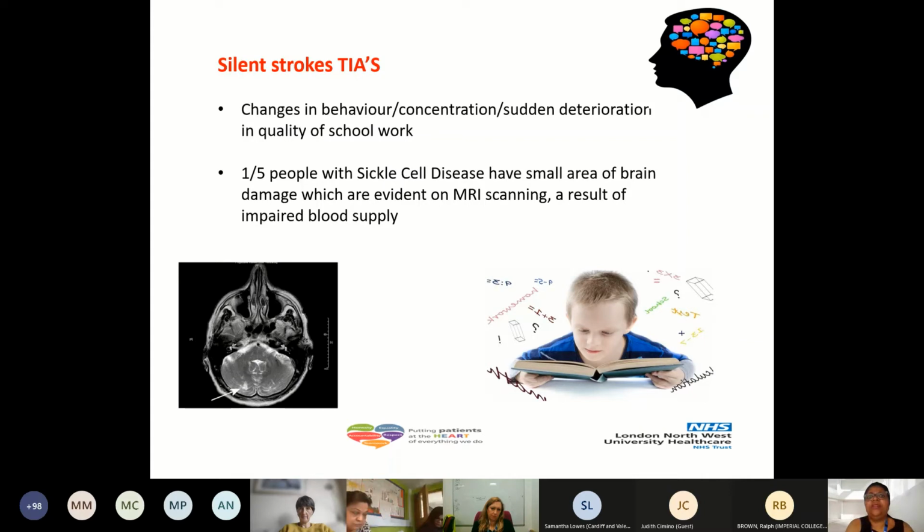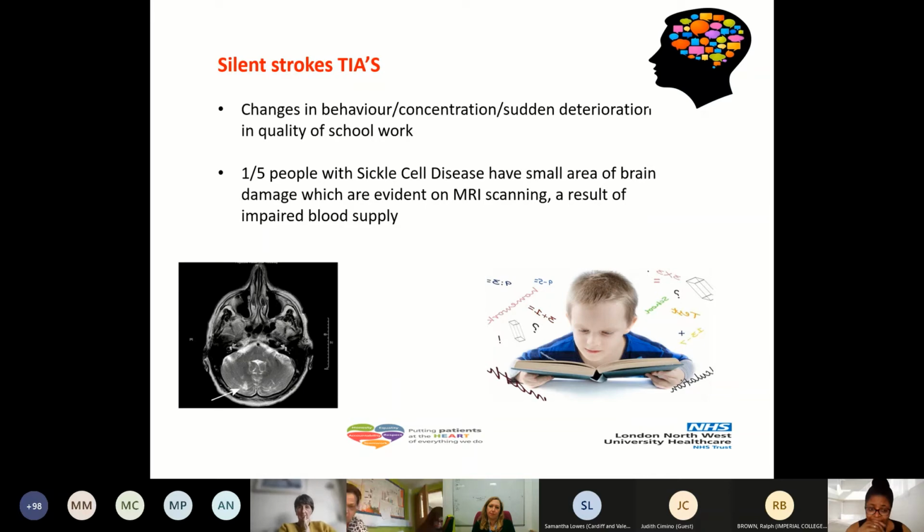If a child changes behaviour or concentration level, very unusual to what they are normally like, with a sudden deterioration in the quality of their schoolwork, this is a slow, insidious thing that can happen over a week, and they're suffering from a silent stroke. The picture on the left shows impaired blood supply and stroke.